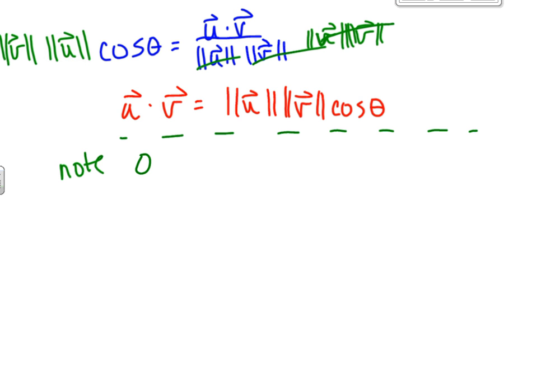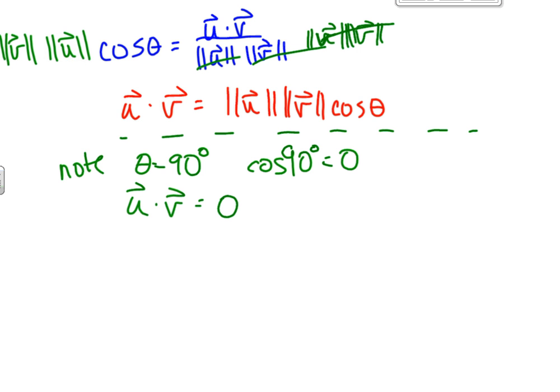If theta is 90 degrees, then the cosine of 90 is equal to 0. So u dot v would be equal to 0. And so if the vectors are perpendicular, they make a 90-degree angle, then their dot product is going to be equal to 0.